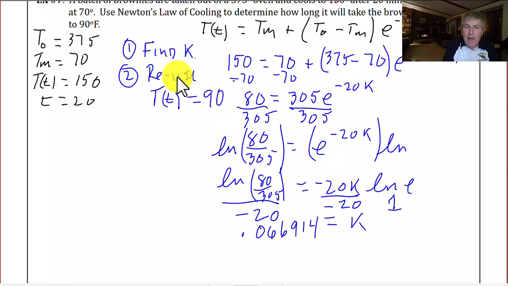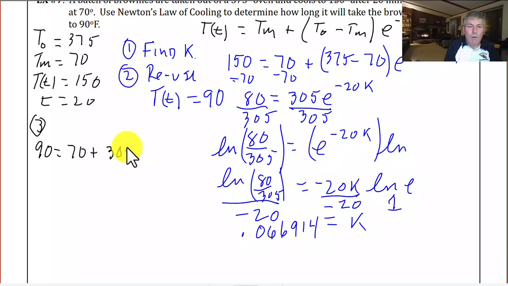So now that I have my k value, I can redo the problem. But now my output is 90 instead of 150. So this is my third step now, and I'm going to say 90 equals 70 plus 305 e to the negative 0.066914 t.